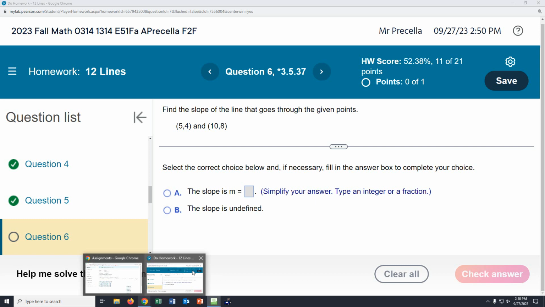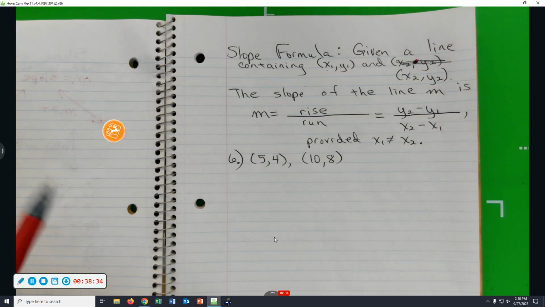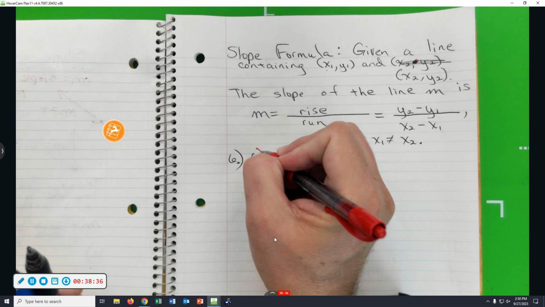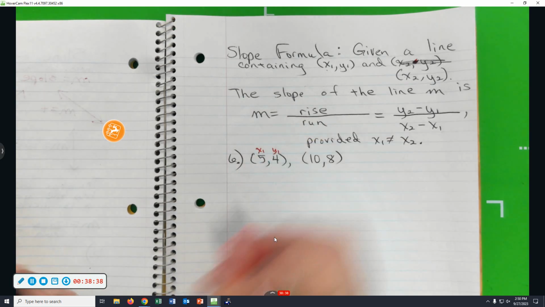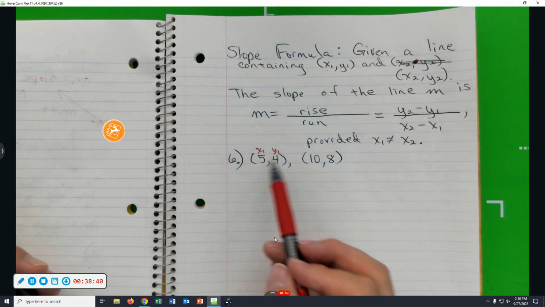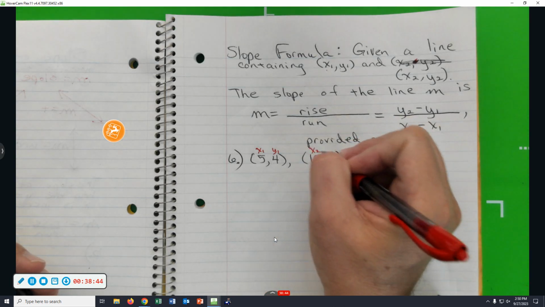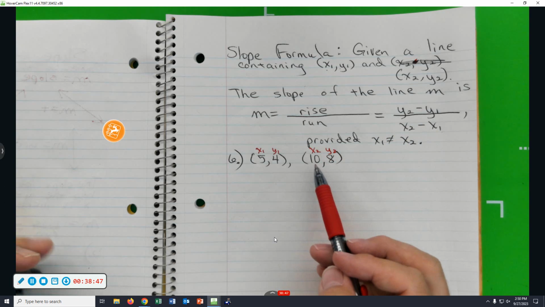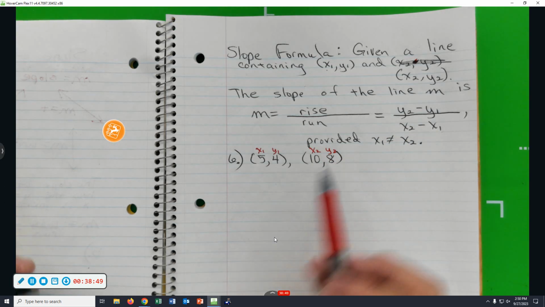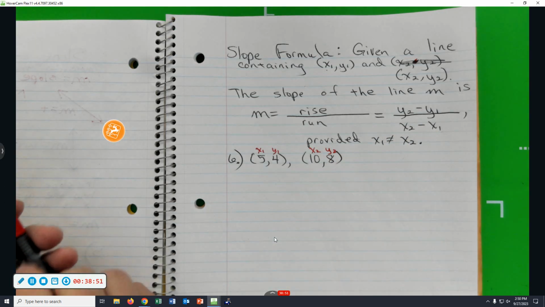Just like we did with the midpoint formula and the distance formula, I would identify x1, y1, that's the x in the first ordered pair, the y in the first ordered pair, and x2, y2, the x in the second ordered pair, the y in the second ordered pair.